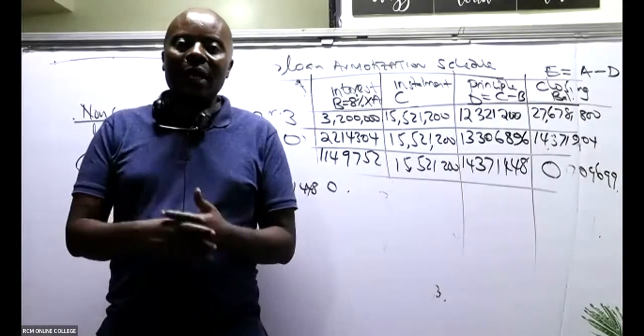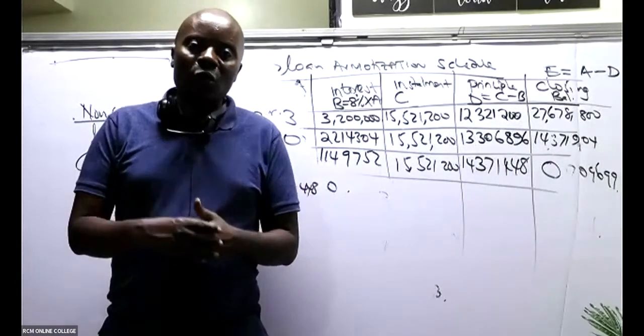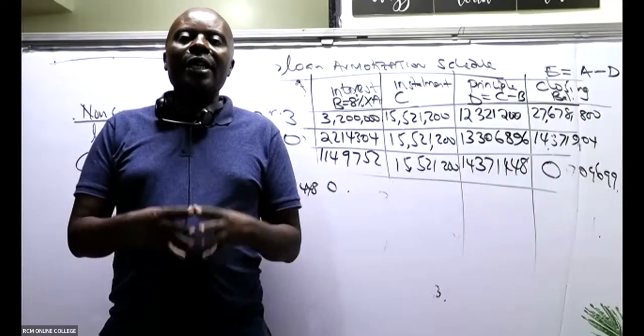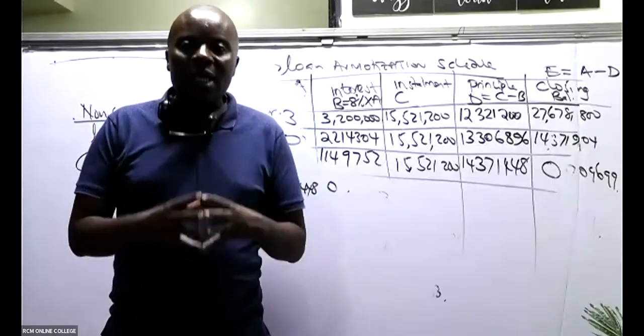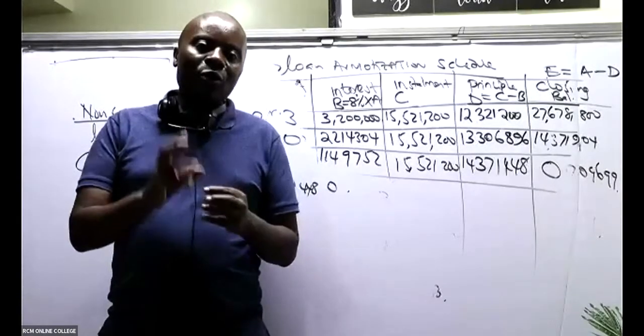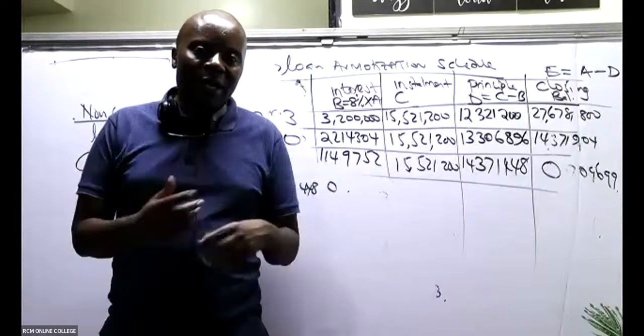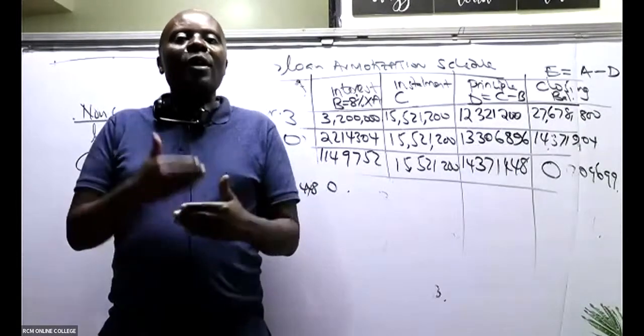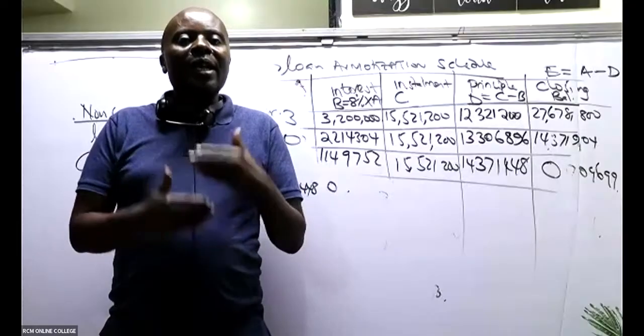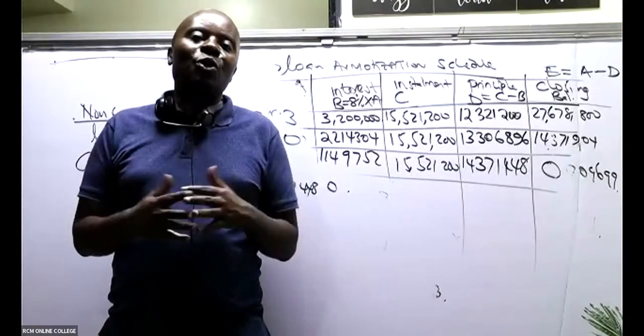So I'm left with the journals, and then showing you what if the lease rentals were paid in arrears. At least you know there is a 1+R somewhere, but you don't know how to do a loan amortization schedule for the ones paid in arrears, which I'll now be able to show you.